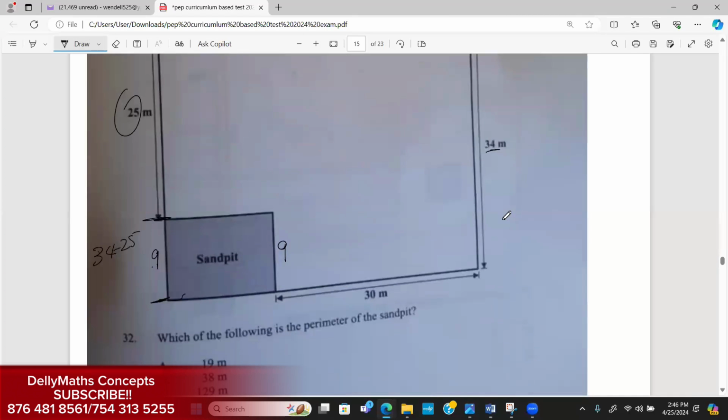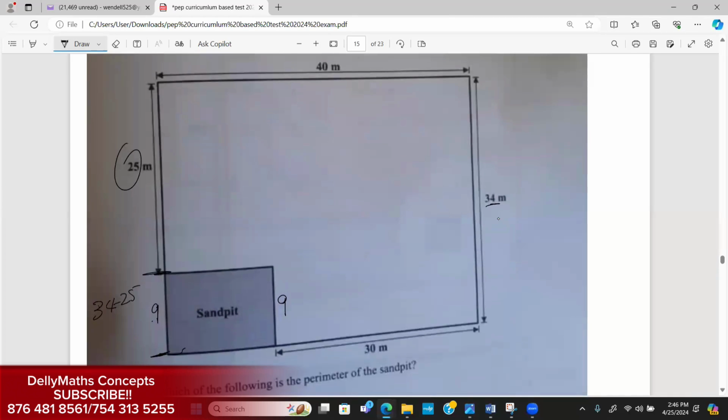All right, let's go again. For the other part now, 40. Over here is going to be 40, take out the 30, and it's going to give us 10. So this is 10, which means this is 10. So the perimeter is going to be 10 plus 9 plus 10 plus 9. 19 plus 19 is 38. Yeah, so we're talking about 38.